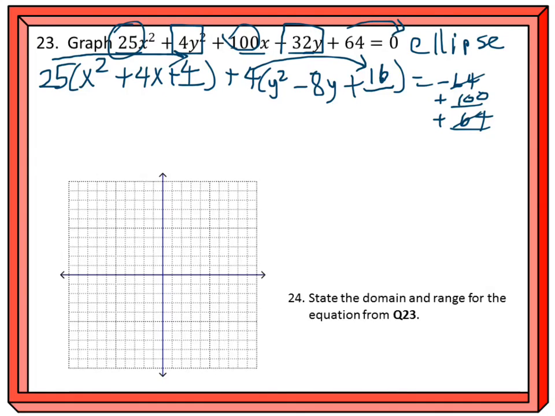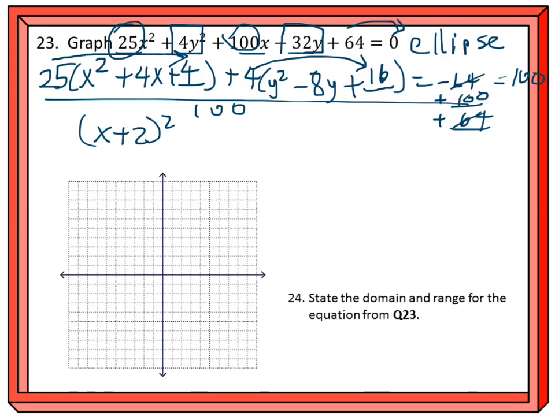Okay, so now let's go ahead and I have to divide by this 100. And when I divide by the 100, and then go ahead and factor at the same time, I'm going to have x plus 2 squared over, 25 over 100.